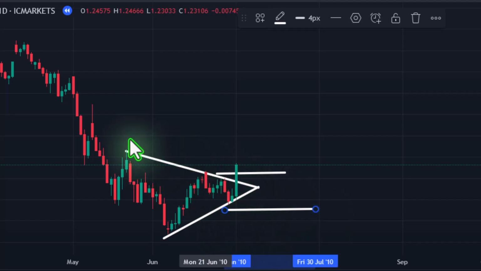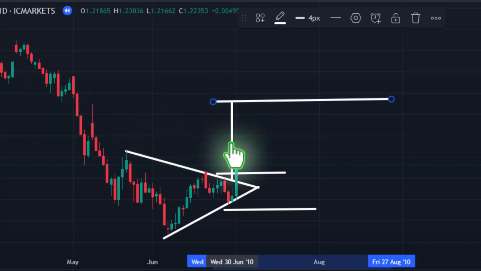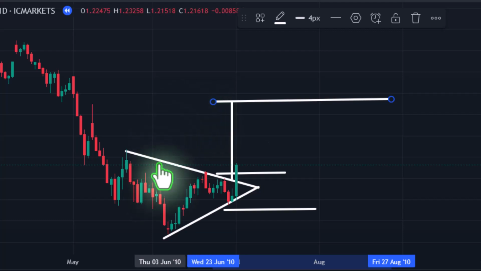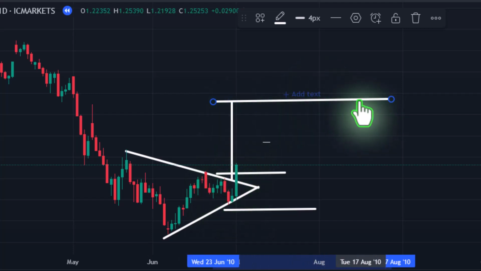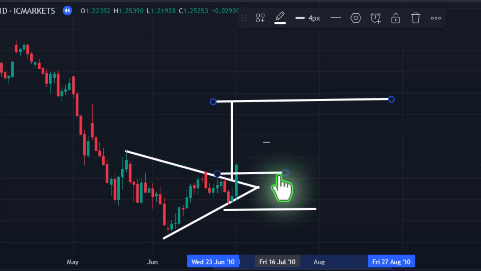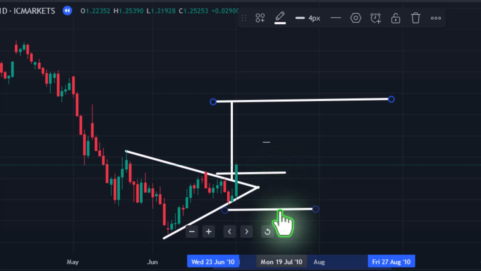And our target level, where do we place our target level? So for our take profit, we measure from this resistance line here to this support line, and we project it to get this point. So this is our take profit, this is our entry, and this is our stop loss.